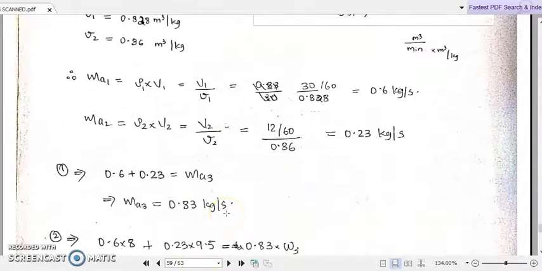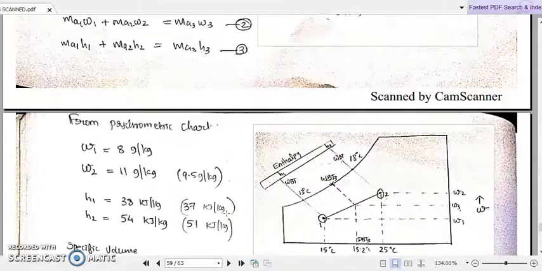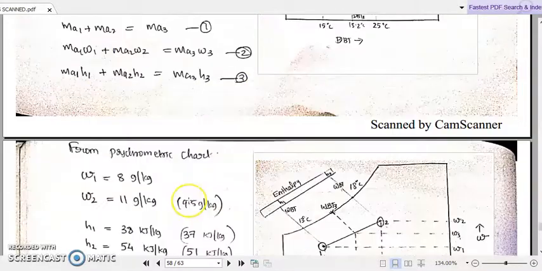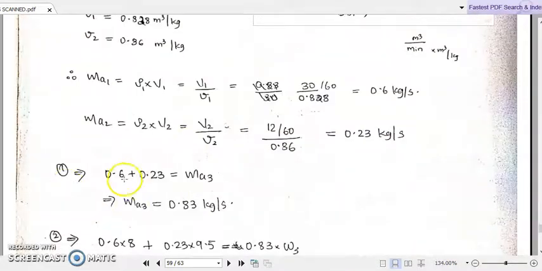The first equation we can rewrite like this: 0.6 plus 0.23 will be equal to MA3, or the final mass flow rate of dry air in the third stream will be 0.83 kilogram per second.